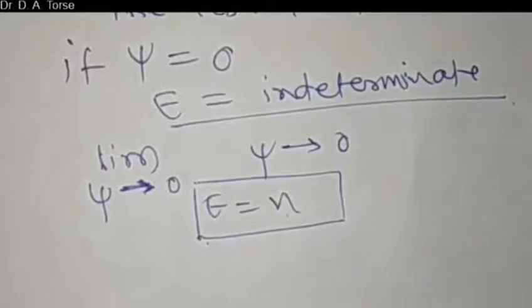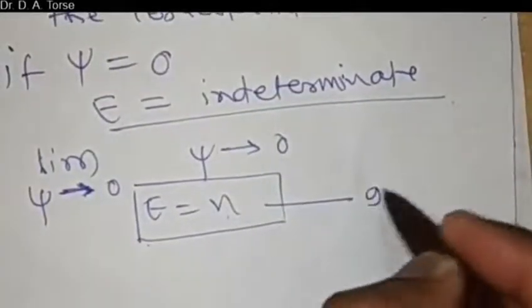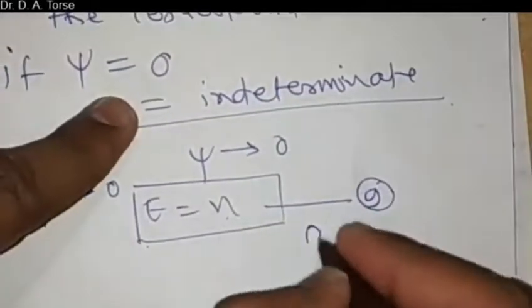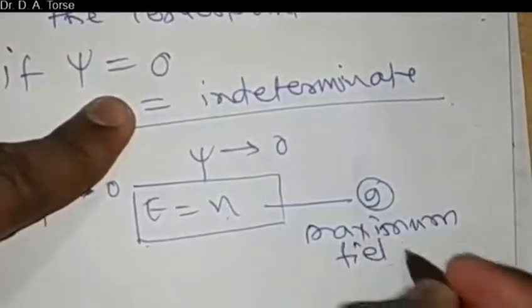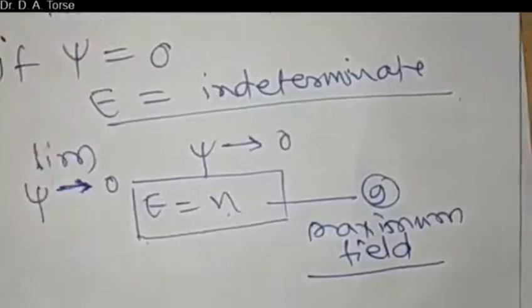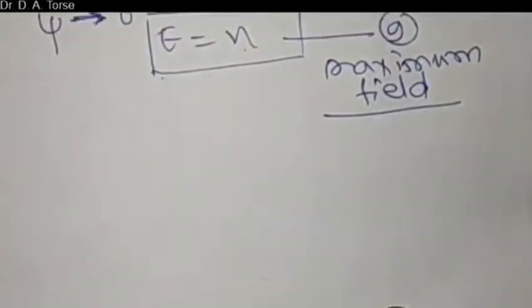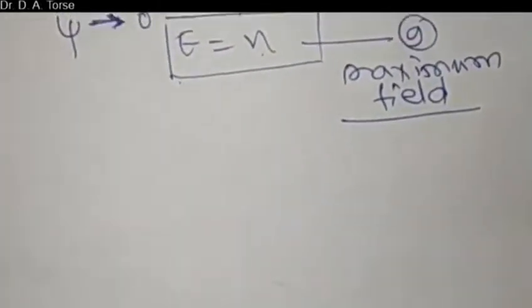So now this equation 9 gives us the maximum value of the radiated field by an array of n isotropic point sources. So we got the actual radiated maximum field.